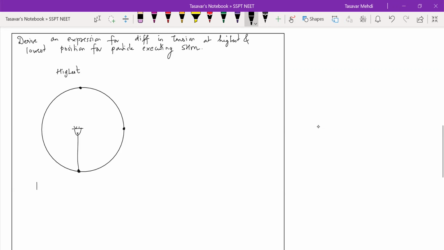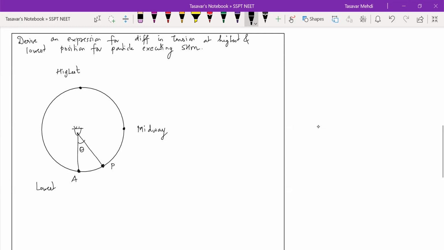Highest, lowest, and this is your midway position. Let us say in time t, my particle does an angular displacement theta and reaches this point P, from A to P.